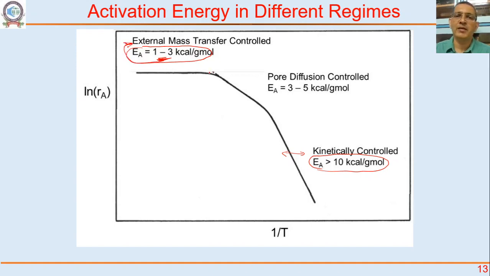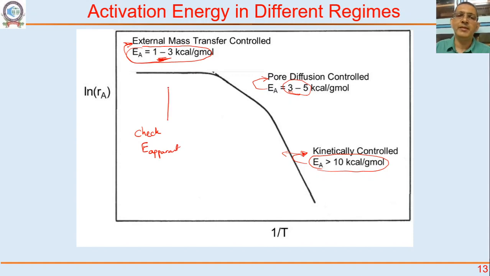If I measure energy of activation and we find that it is in this range, we can conclude that we are in a pore diffusion limited regime. If energy of activation is more than 10 kilocalories per gram mole, then we can say we are in a kinetically controlled regime. So these falsified kinetics we can use and check what is the apparent activation energy.